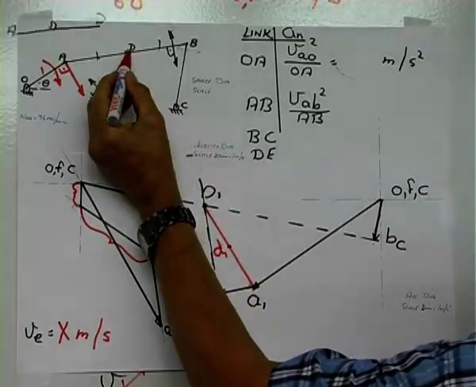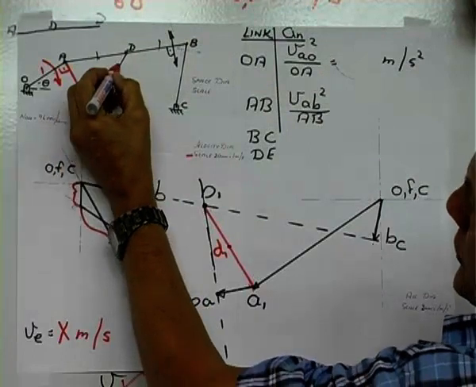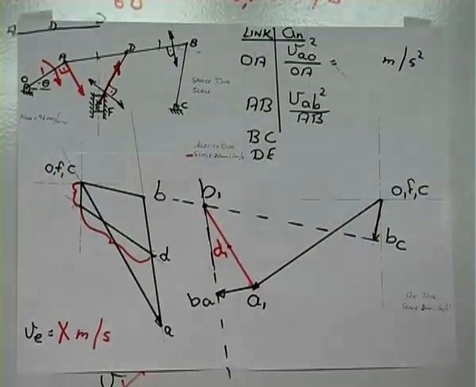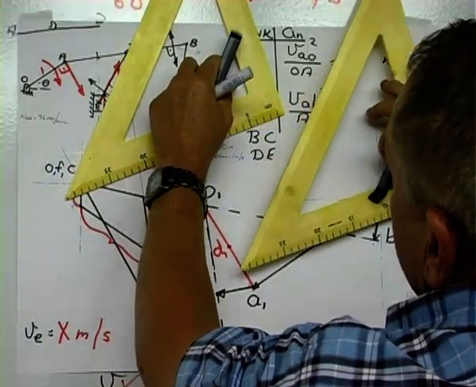The next, go and stand on D, observe E. It's got a centrifugal acceleration towards you, parallel to link ED.